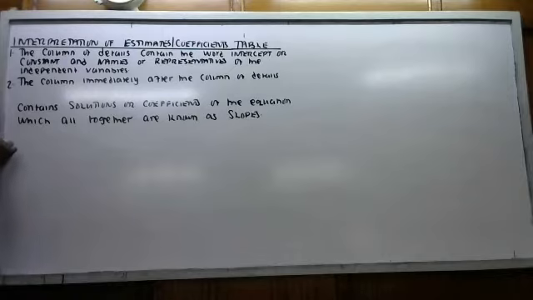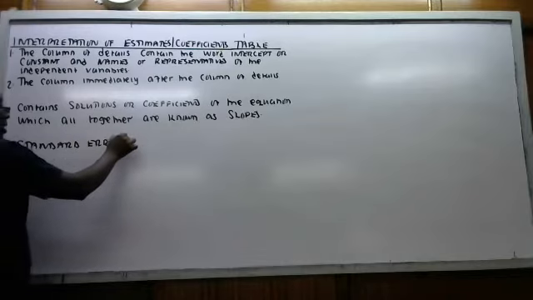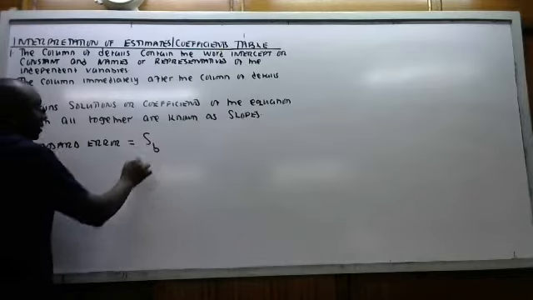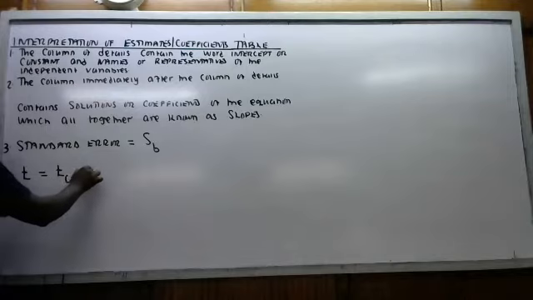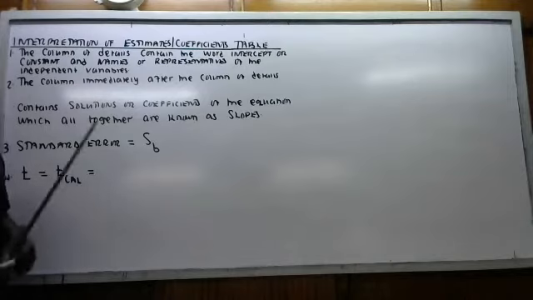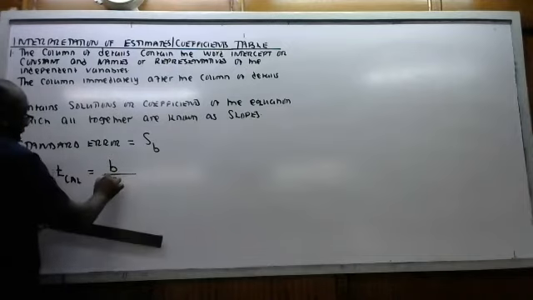Point number 3. When you see standard error, it represents the standard error of the slope, SB. Number 4, when you see T, it is what we call T calculated, which we know so well is given as B divided by SB.